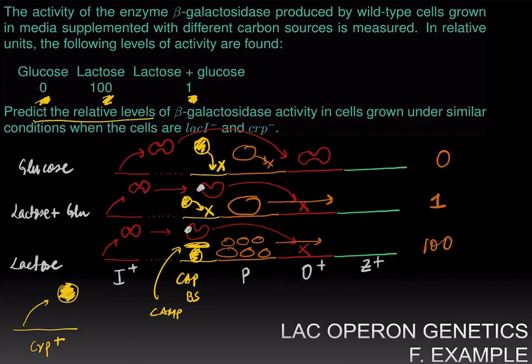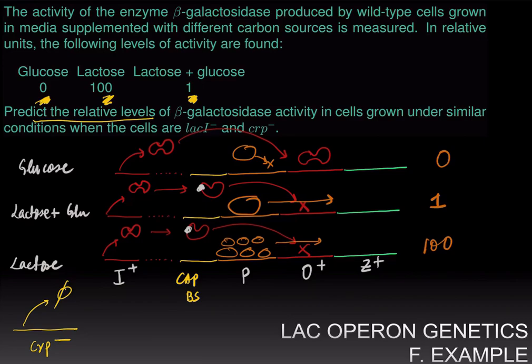And if we change this to CRP-, it means we don't have any functional CRP in the cell, and therefore we can predict the levels of activity by simply erasing CRP from the picture over here.